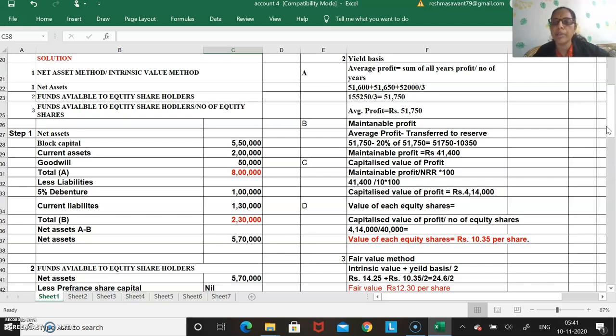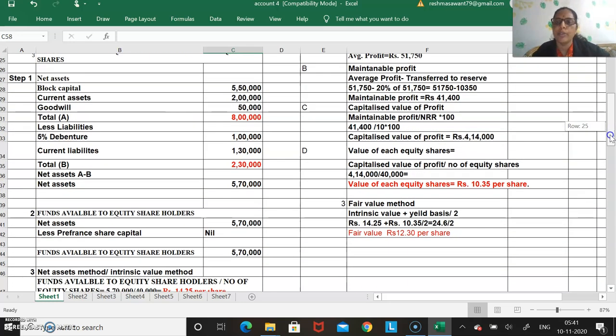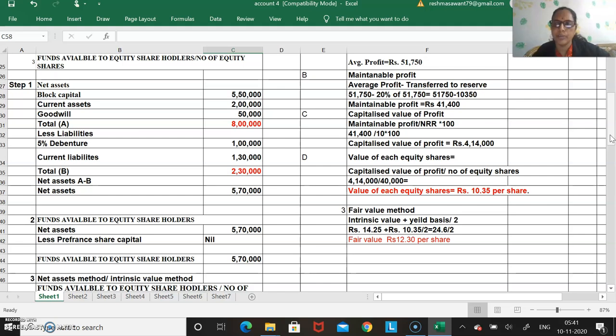This is the formula for capitalization of profit. Then the amount of capitalized value of profit is rupees 4,14,000. And the last point for the second method, valuation of each equity share as per yield basis, with the formula capitalized value of profit divided by number of equity shares: 4,14,000 divided by 40,000, answer as per yield basis method rupees 10.35 per share.